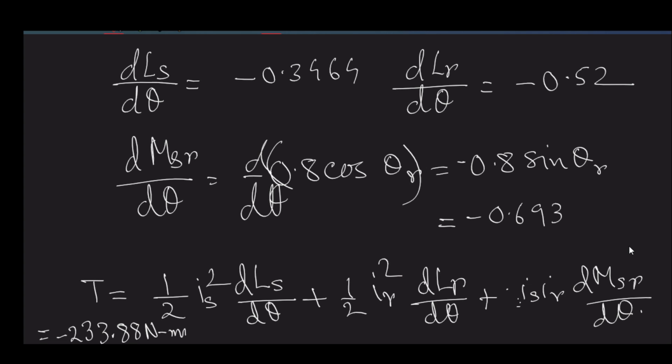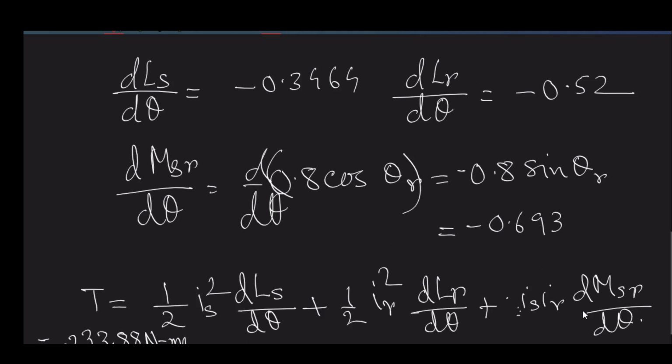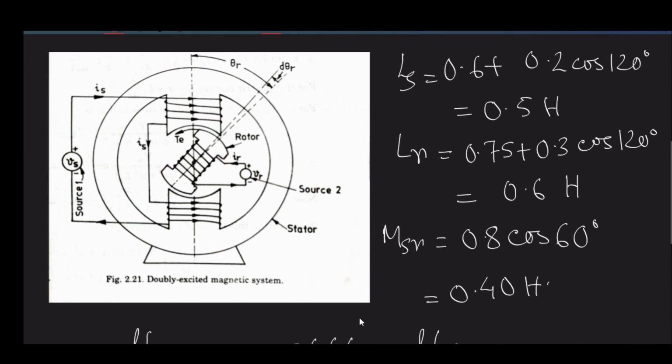In any electromechanical system, most of the time you will find that the torque produced by mutual interaction, the third term, this one, produced by the mutual interaction of stator and rotor, will always dominate. It is quite natural, because if you reduce the saliency and make your rotor a cylindrical one, then what you will get?